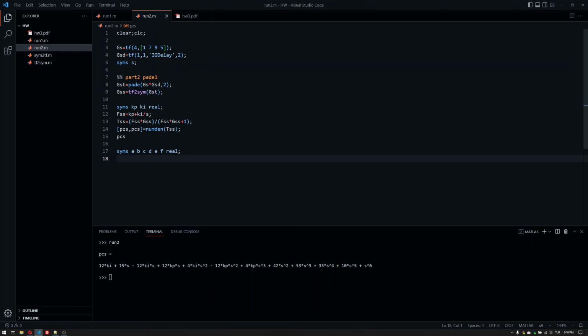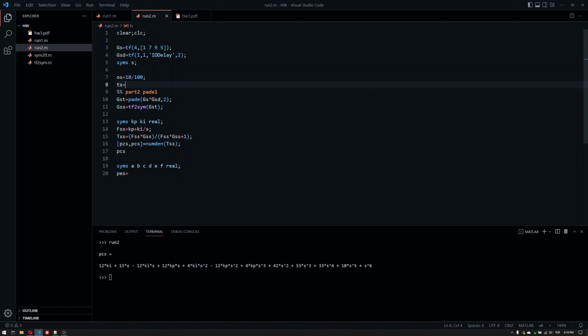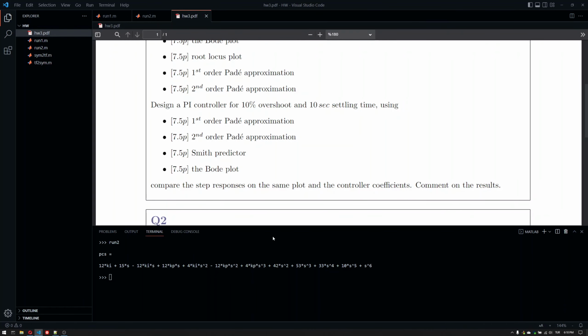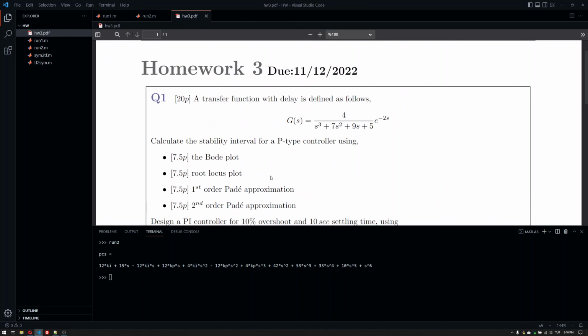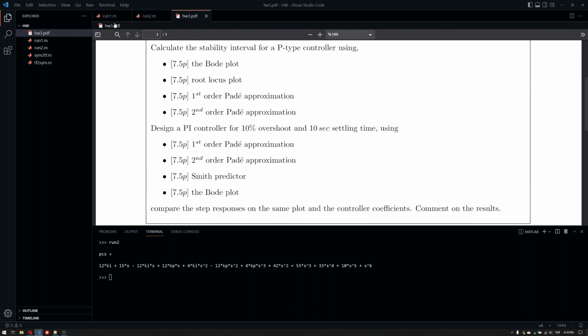Now, I'm sorry, the residue polynomial, of course, we forgot to mention that we have an overshoot specification of 10% and a settling time specification of, what was it again? 10 seconds. Okay.